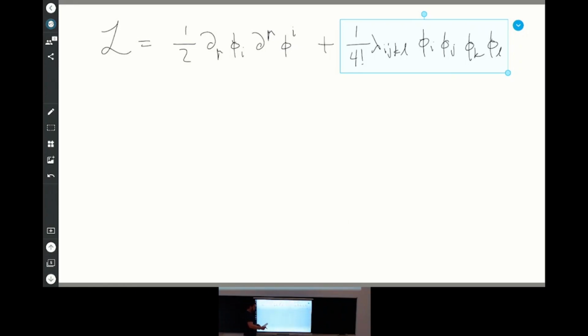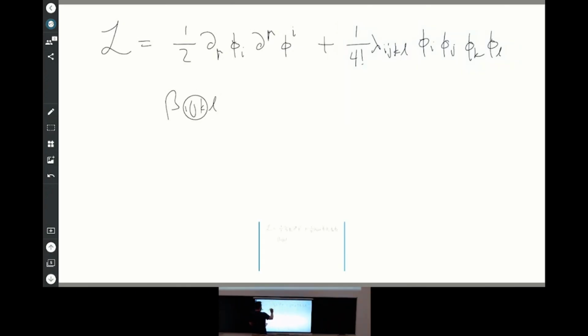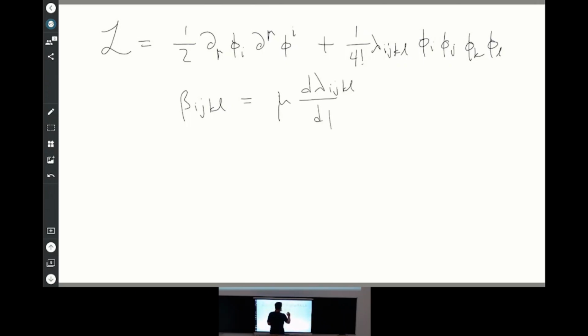Okay, so everything will be for this theory. It's not one theory, it contains, of course, a lot of examples, and we want to see if this beta function is gradient. So I will denote this collection of indices by I, J, capital J, and I will not write them all down typically, although in some cases I will.